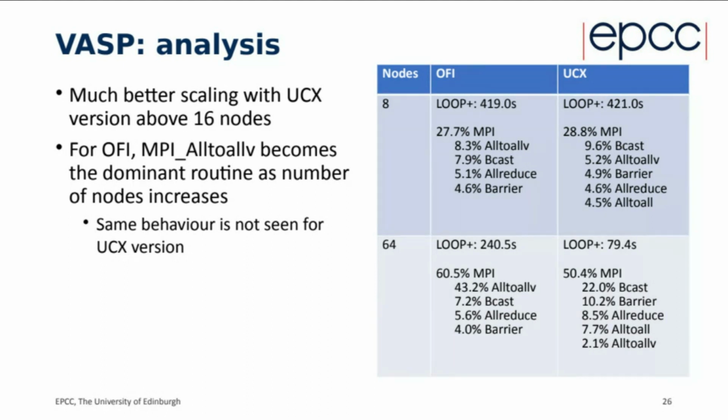Whereas for UCX, because the profile is a lot flatter, you're just seeing a much greater variety of routines. These are essentially sampling profiles. So at every time interval, it's saying which routine am I in, which routine am I in, which routine am I in, and when the time is weighted so heavily towards this routine, the chances of you hitting a routine where less time is spent become less, because you're statistically more likely to hit this routine. So I think it's mostly just a statistical effect.